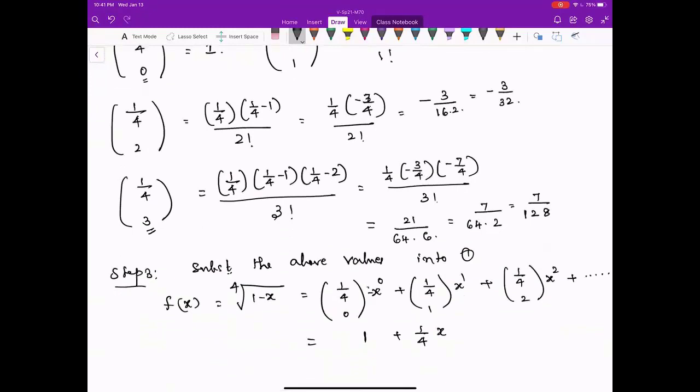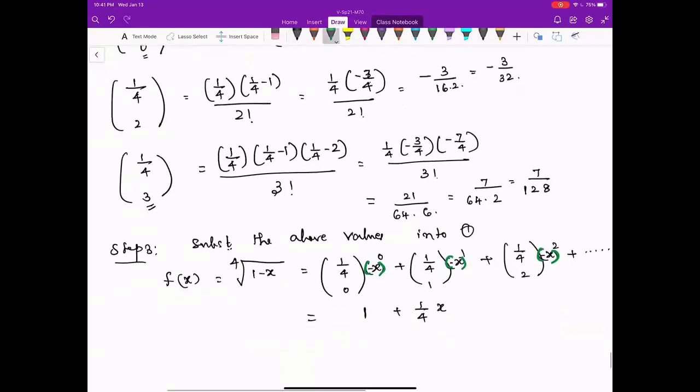So it is negative x to the power 0, negative x to the power 1, negative x the whole squared. So we are going to have a negative x in parentheses. The second term is going to have a negative sign because we are multiplying by negative x to the power 1.